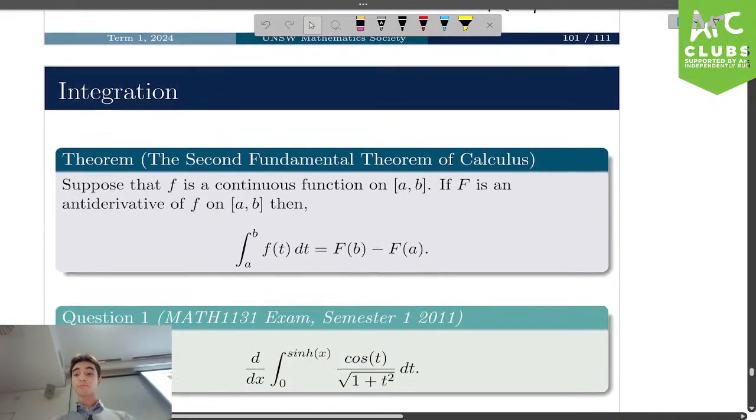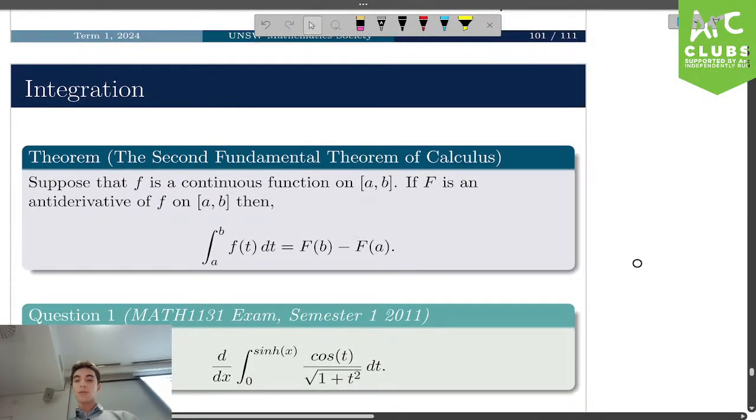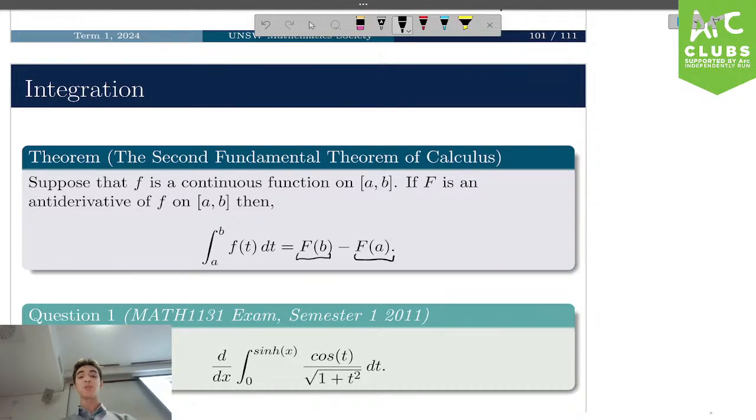All right. Now, the second fundamental theorem of calculus tells us that if you have an integral from some bounds, then it's evaluated by taking the difference between two antiderivatives, okay?